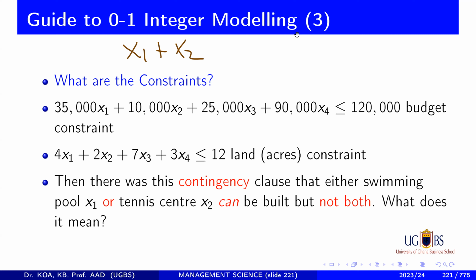The word built here means what? Philip: The word built represents 1. Good. So the word built is 1. Now, the word can be built, can here is what symbol? And of course, I'll ask you why. So think about a why before you answer. Ernest.